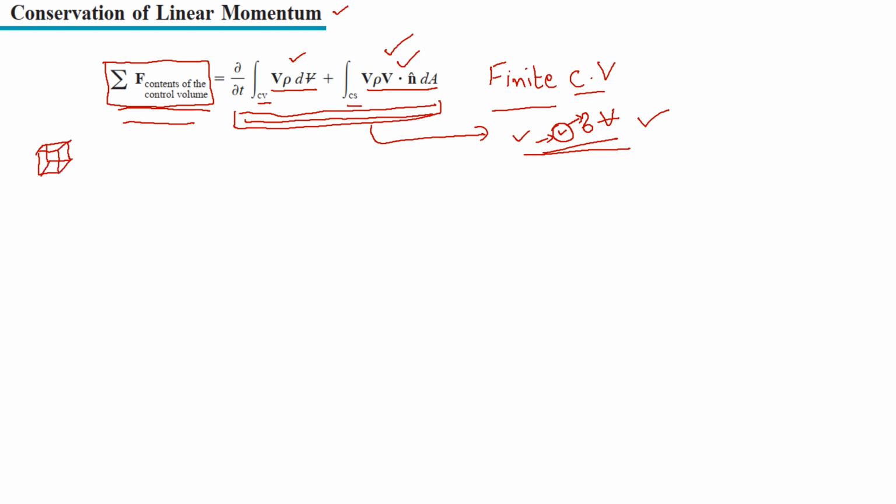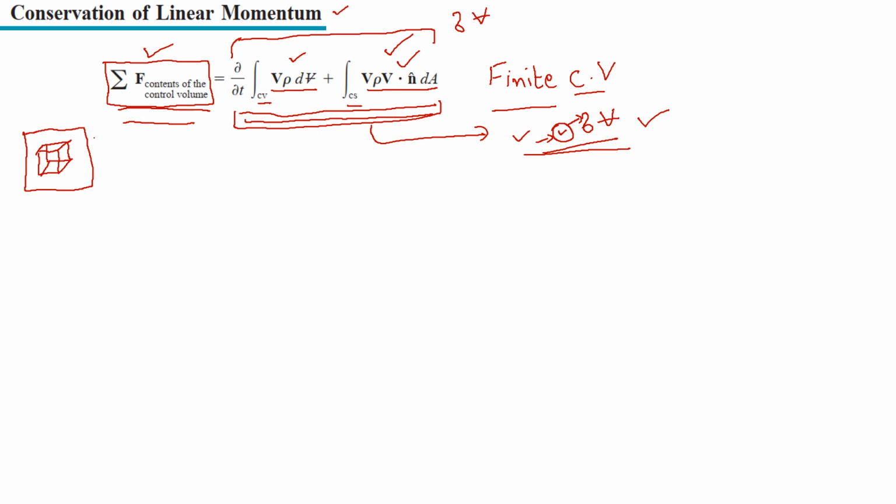So we will be more concerned about the left hand side of this equation, because we already said that the right hand side can be written in the same manner for an infinitesimal control volume delta V, but we cannot take the same forces and apply them for an infinitesimal control volume. Let's say we are talking about a single fluid element right here. So what will these forces be when they are applied on a single fluid particle?